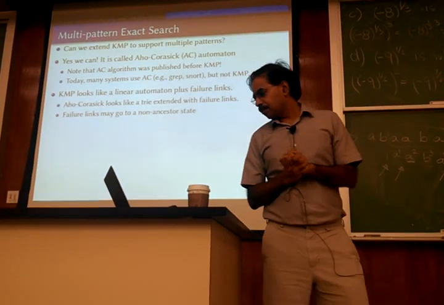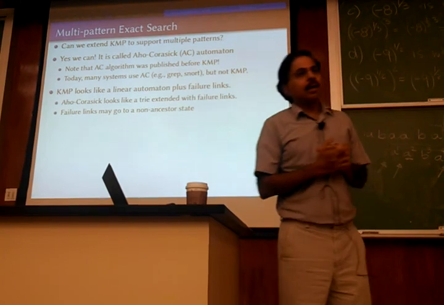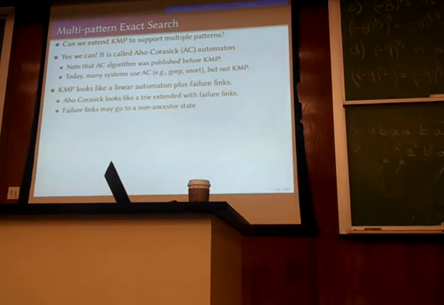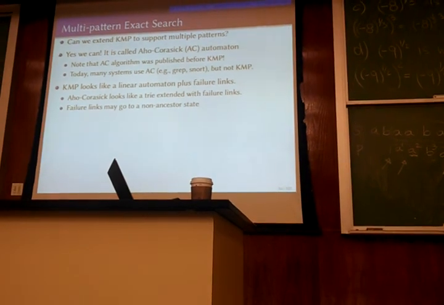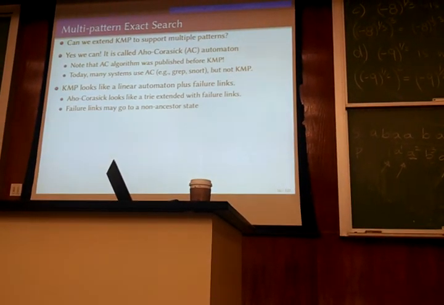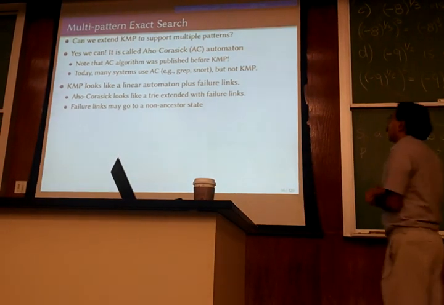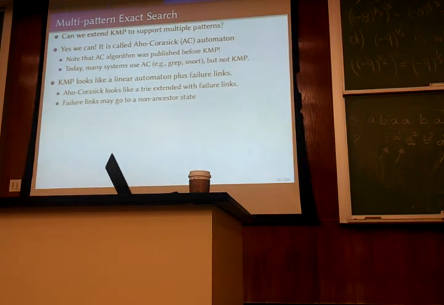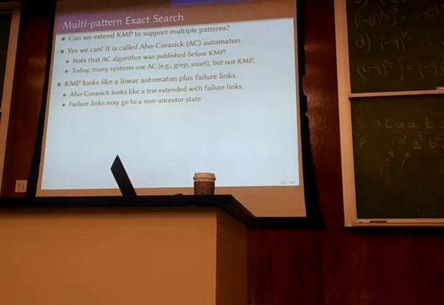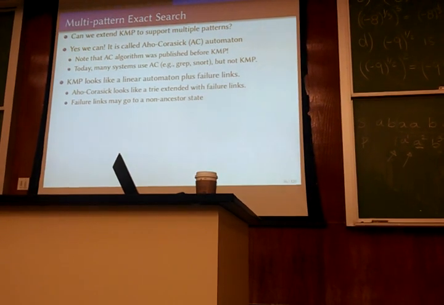So what does it look like? KMP looks like you have a linear automaton with states, and then you add failure links to it. If you talk about multi-pattern search, the more natural thing to expect is that I'm going to have a trie, and then put failure links on the trie.